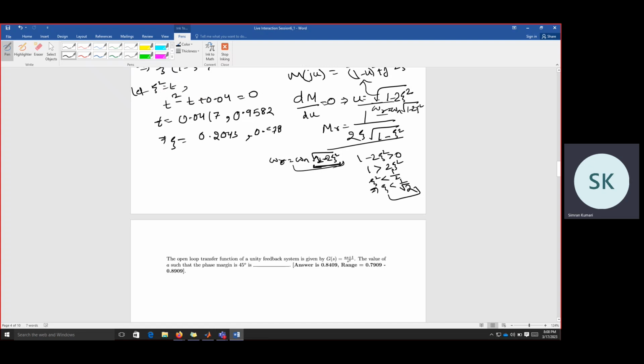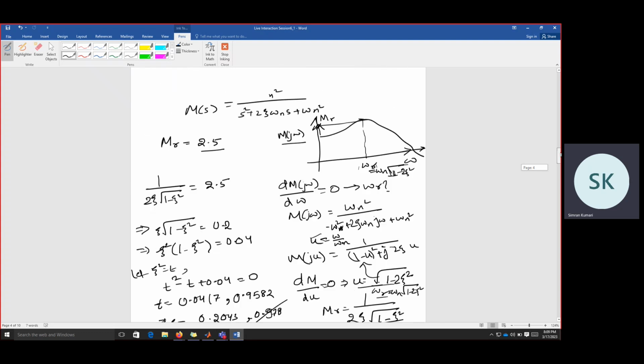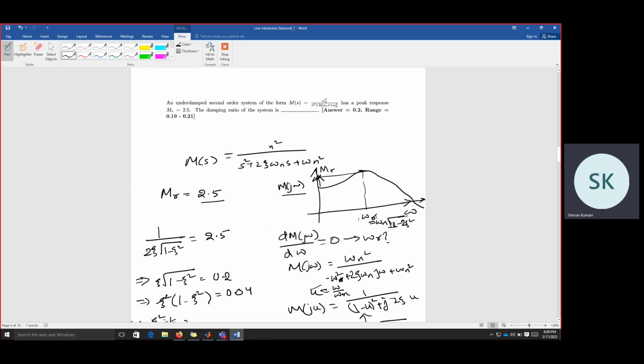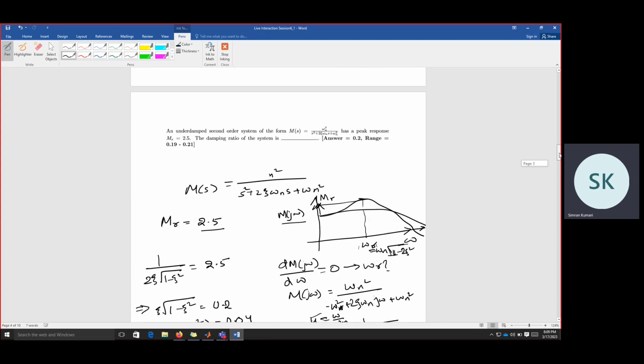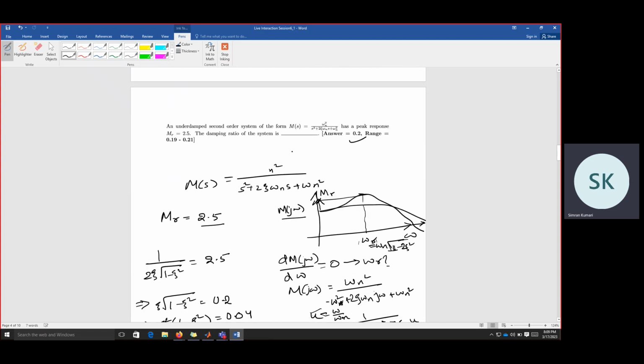One is 0.204 and one is 0.978. But if this is the case, then there is no peak overshoot. The response is kind of like this. So we'll have just this value of zeta. So this is the answer, 0.204.